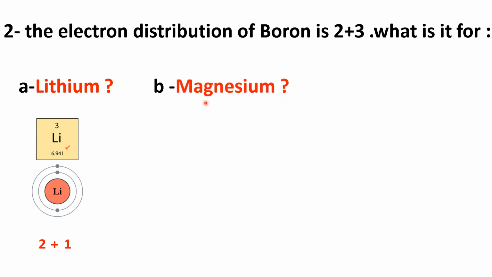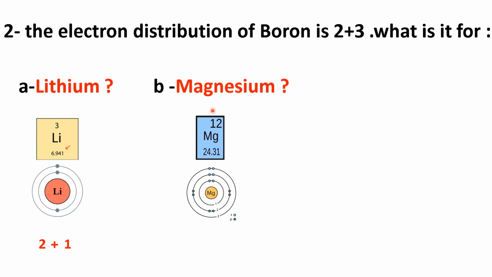What is it for magnesium? Magnesium has atomic number 12. The atomic number equals the number of electrons that have a negative charge and move around the nucleus. So we make distribution of 12 electrons. The first shell is filled with 2 electrons, the second shell with 8 electrons, and the third shell with the remaining.